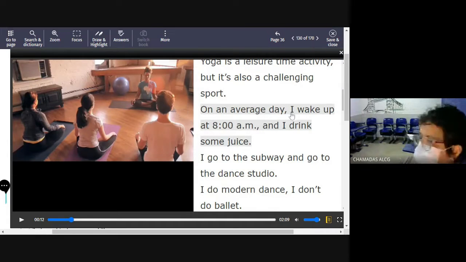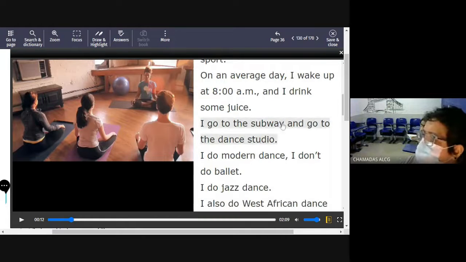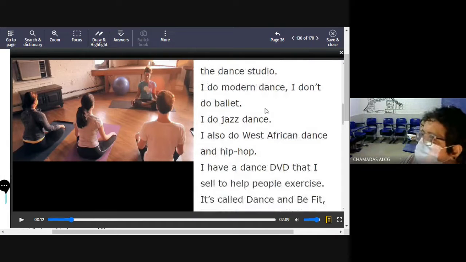On an average day, I wake up at 8 o'clock in the morning and I drink some juice. I go to the subway and go to the dance studio. I do modern dance. I don't do ballet. I do jazz dance. I also do West African dance and hip hop.